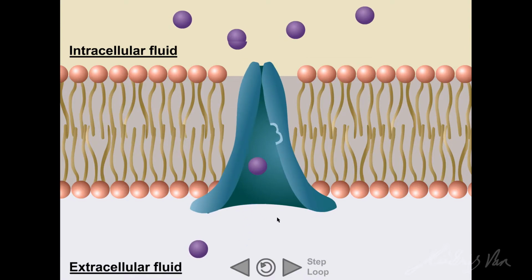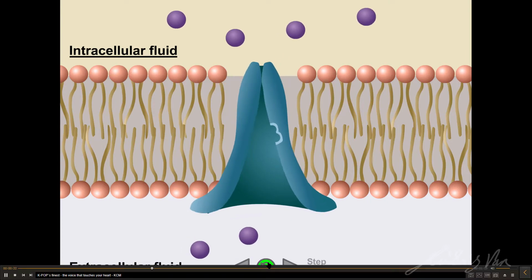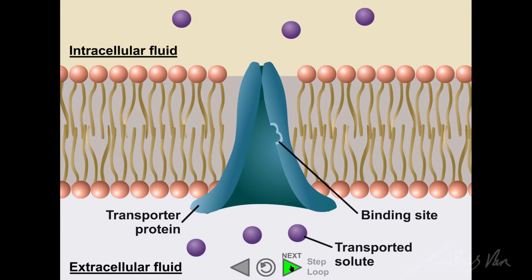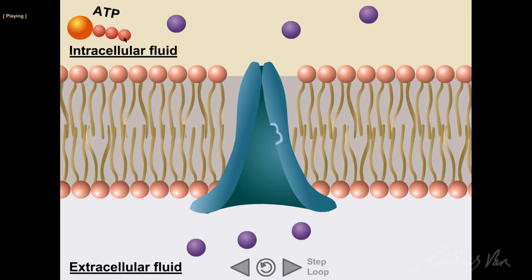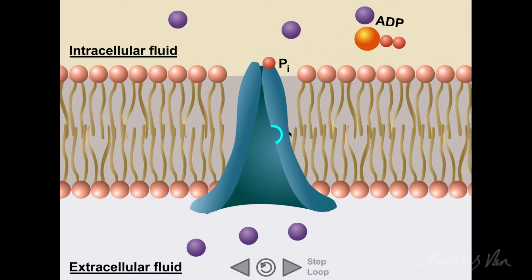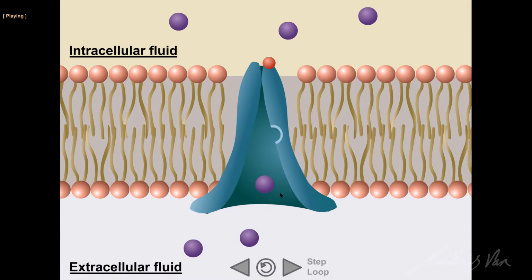So if we want to transport another molecule over, we have to repeat the process. ATP has to donate a phosphate to change the shape of the binding site. Then the molecule can bind.